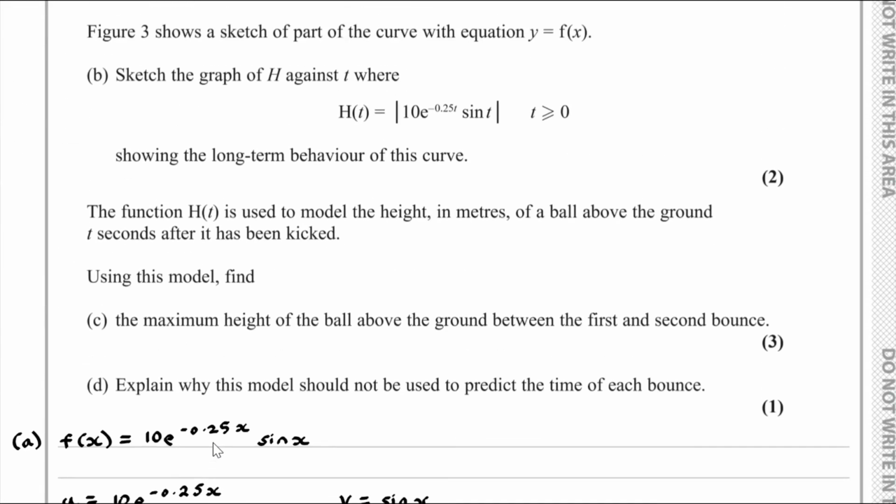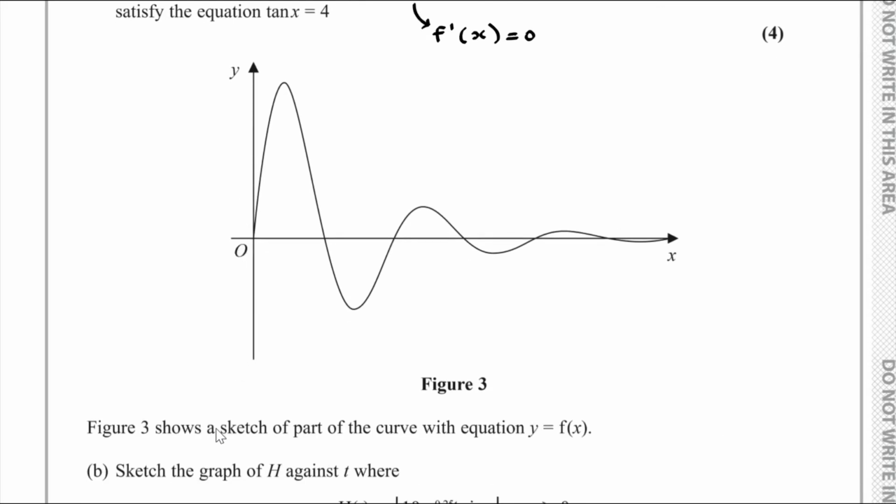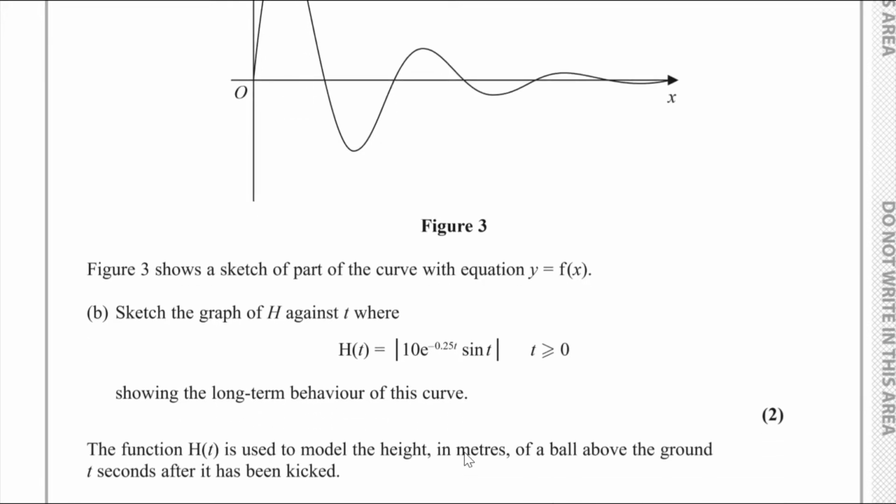Now for part B, figure 3 shows a sketch of part of the curve with the equation y equals f of x, and we have to sketch the graph of h of t against t, where h of t is equal to the mod of 10e to the minus 0.25t times the sine of t, where t is greater than 0, showing the long-term behavior of this curve.